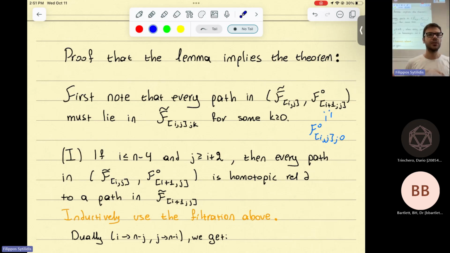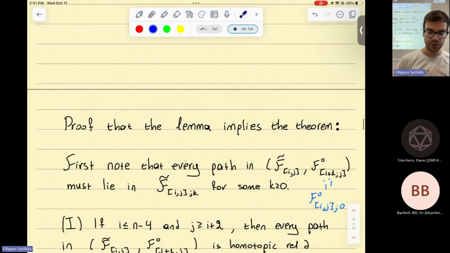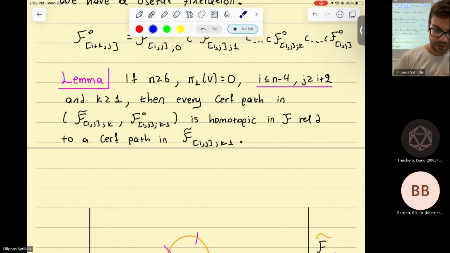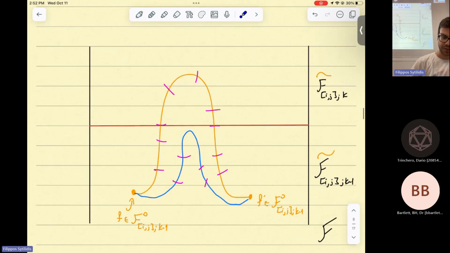Maybe I should repeat what we're trying to do. I'm trying to use the lemma that we just introduced, which tells me that if I start with functions with at most k minus 1 critical points of index i, and I have a path that might introduce an extra critical point of index i, then I can homotope this path into one with at most k minus 1 critical points of index i.